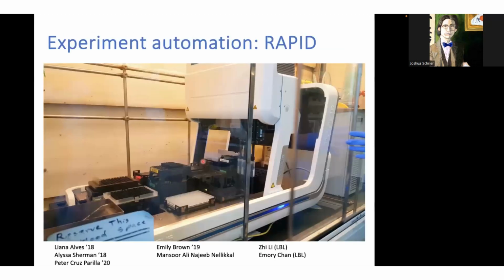But here's the robot. It's in some sense nothing too fancy. It's really just an automated pipetting system. It just moves liquids from one location to another with microliter precision. You can see the reservoirs of our stock solutions over here.